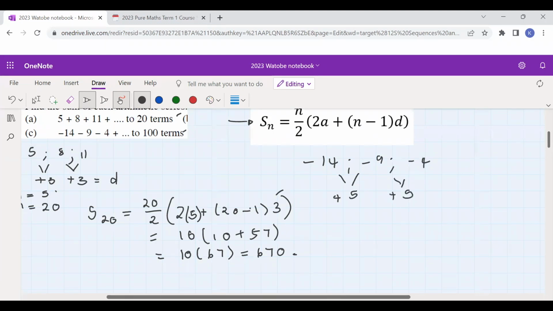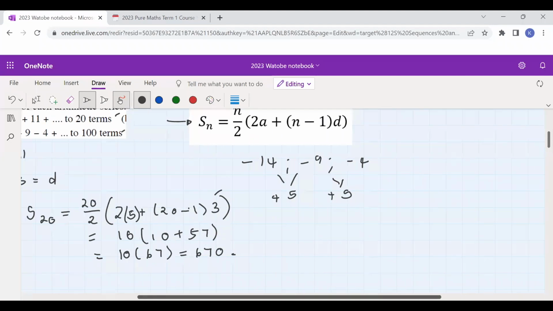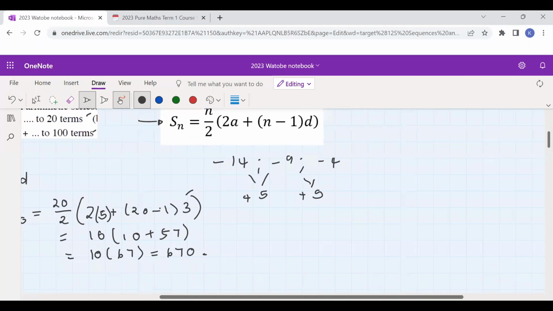We have identified our constant difference. D is 5. Our N is 100. What else do we need? Our A is -14. That's all we need, isn't it? Yes, D, A, and N.